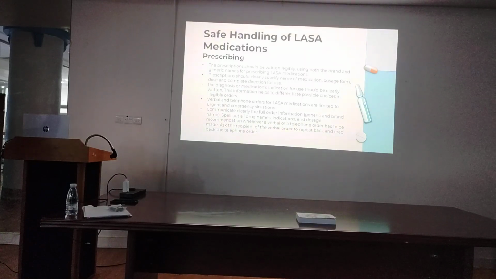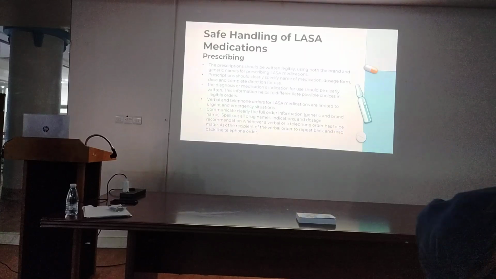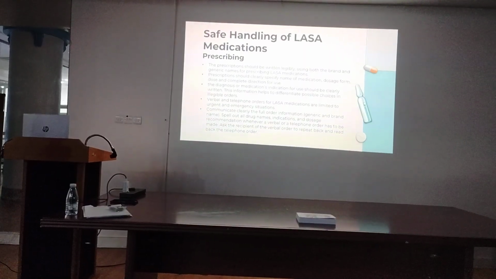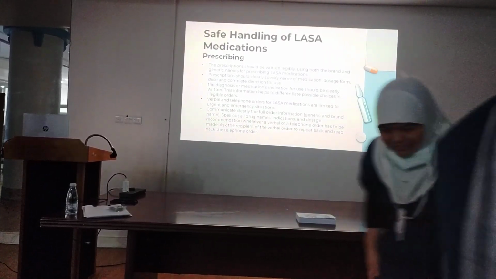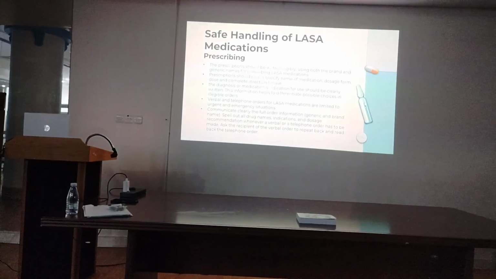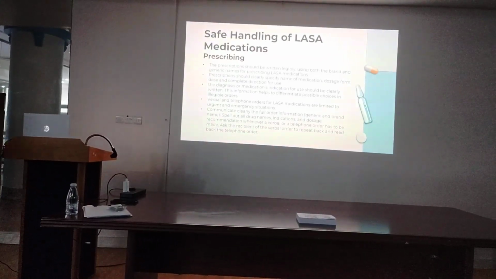So if it says constipation and it's prescribed Ezipan, we know something is wrong. Okay? So always have a diagnosis, always have a generic name with the brand name, but generic should be the thing that you use.